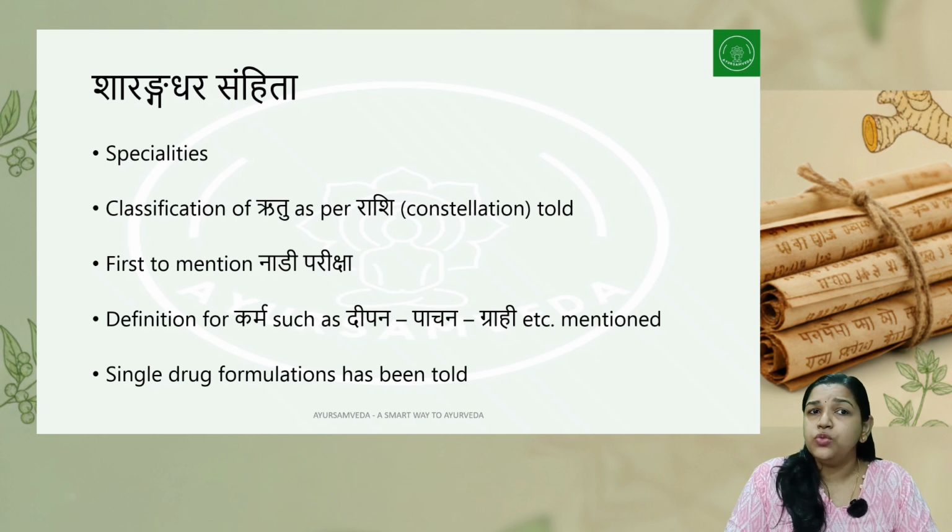This is the first textbook to give the detailed description of Nadi Pariksha and also the definitions of various karmas such as Deepana, Pachana, Grahi, etc. Also, this textbook details the single drug formulations, that is Ekamulika Prayoga.